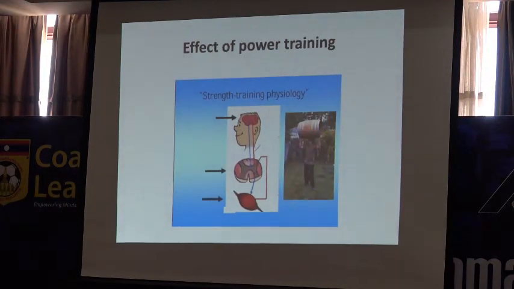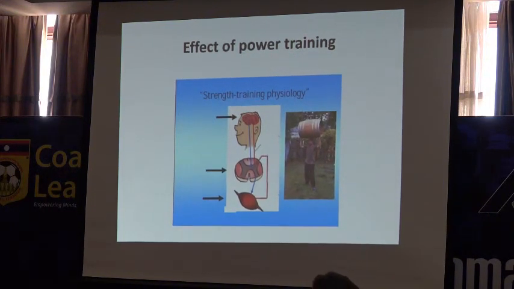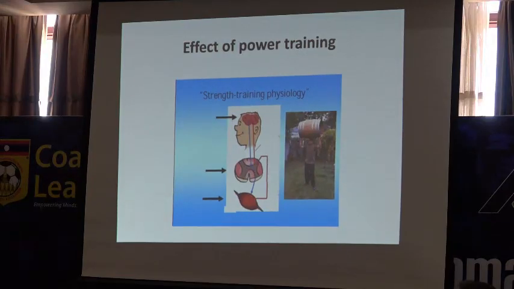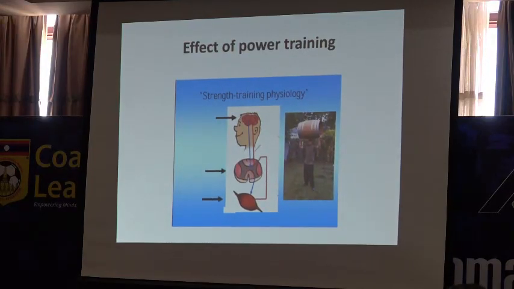Okay, so when we talk about power training, we talk about training the brain, the spinal cord, or the signals from the brain to the muscles, and then properties inside the muscle.